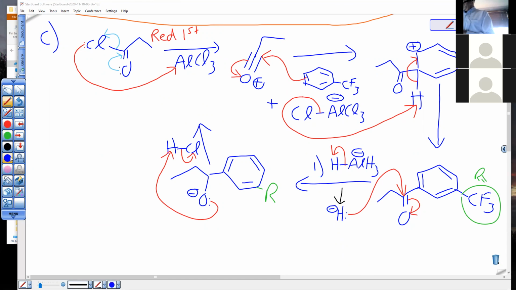And we got our aromatic ring. We got our R group here. We got our alcohol here.